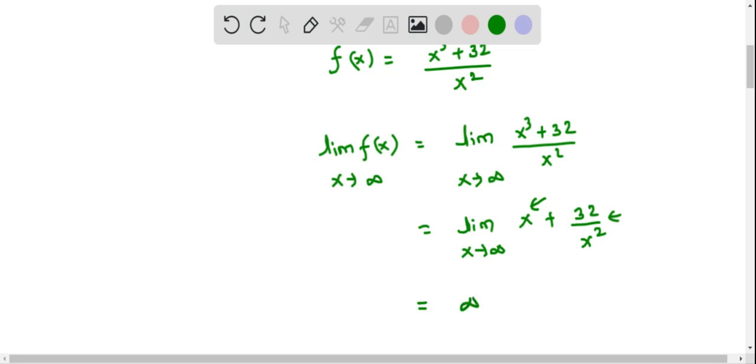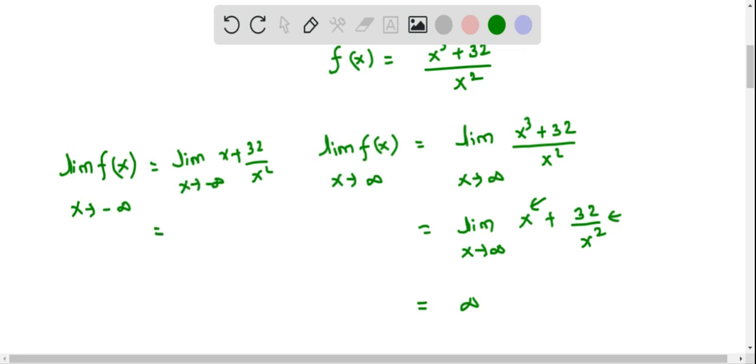Similarly, we can also determine the limit of f of x when x approaches negative infinity. This becomes the limit of x plus 32 over x squared as x approaches negative infinity. Here also this quantity approaches 0, and we have this x, so this will approach negative infinity.